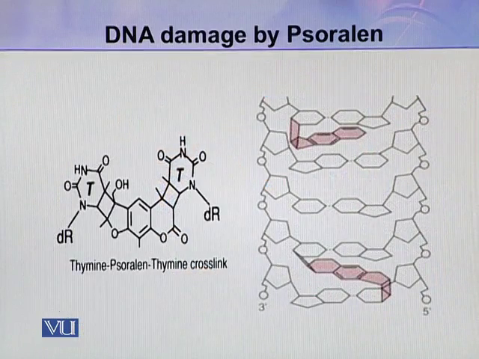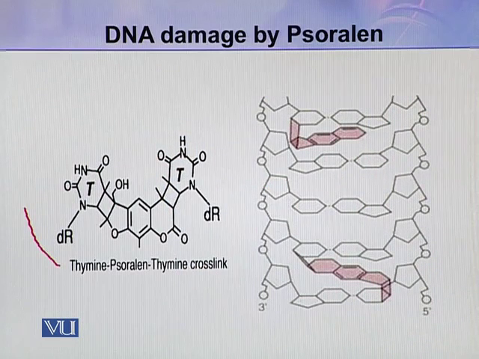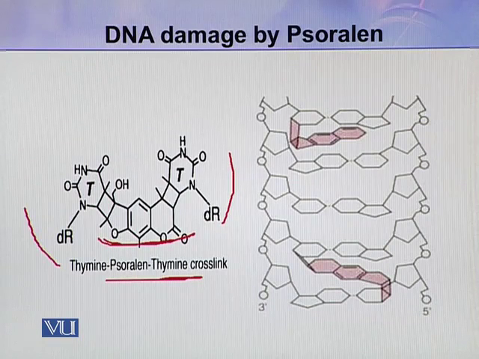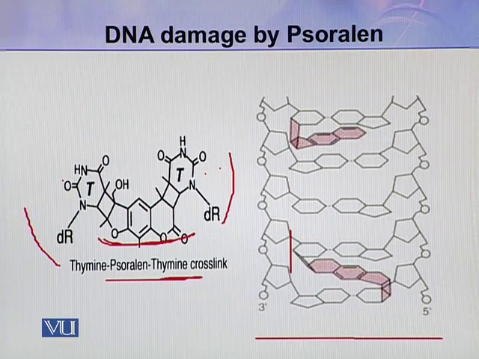So here you can see this cross-link. This is one thymine molecule, this is another thymine molecule, and in between is psoralen. So it forms a cross-link between two thymines. In the DNA molecule, it has formed the first link, which is formed by the furan ring, and here it has formed the second link.